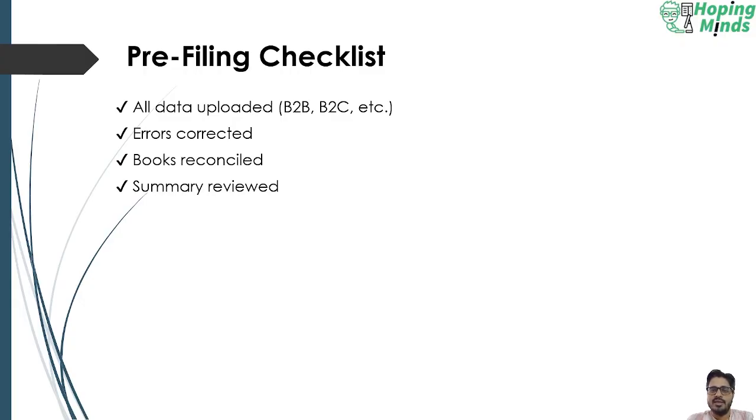Then any errors that have occurred in the GSTR-1 portal after uploading the data have been correctly rectified and the books have been reconciled with the GSTR-1 filled up data. And once we have generated the summary of the GSTR-1 return, it must be verified with the books of accounts, that is the sales ledger, purchase ledger and other expense ledgers, so that the total GST applicable during the month as per the books and as per the returns are in sync with each other.